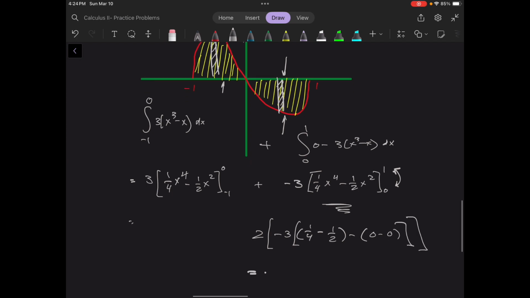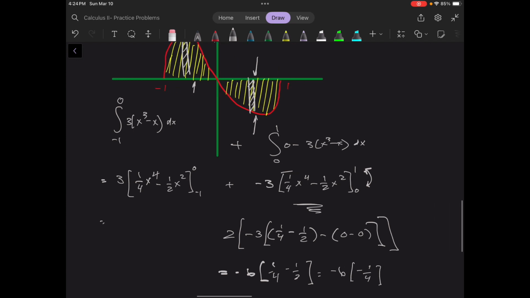So now we have -6 out of 1/4 minus 1/2. 1/4 minus 2/4 is -1/4. And -6 over -1/4 is just 1.5, right?